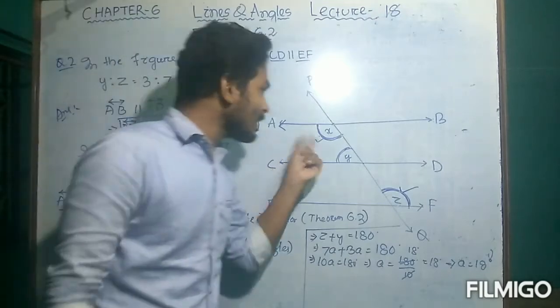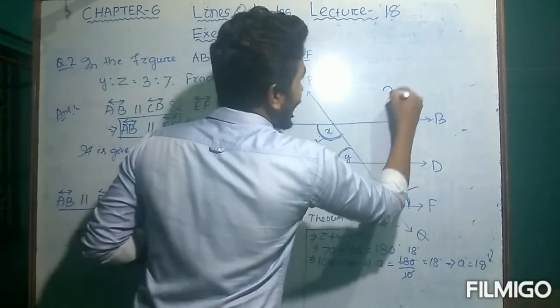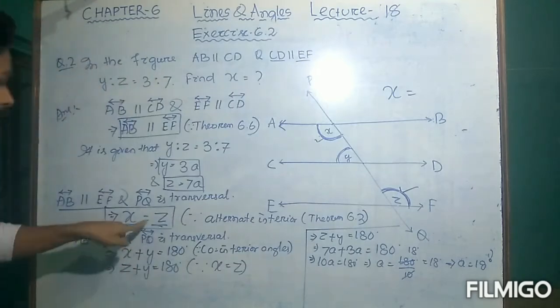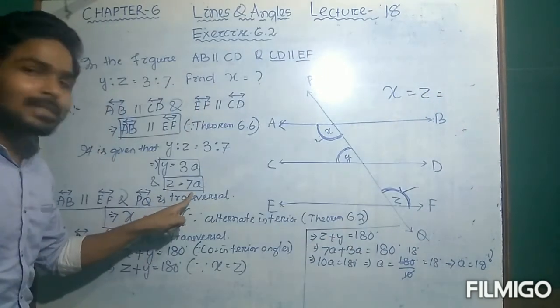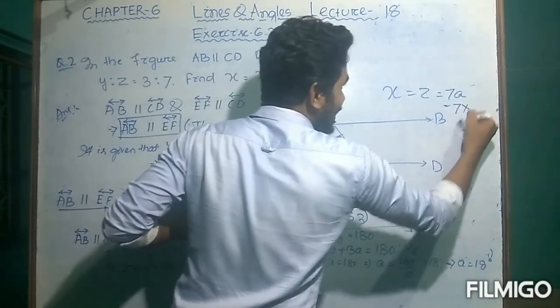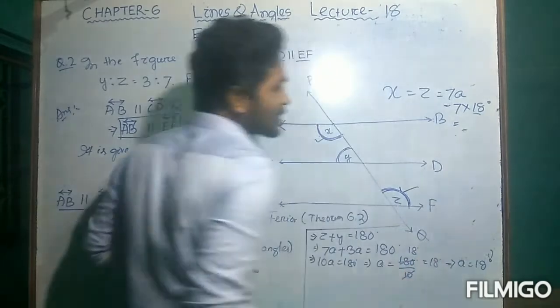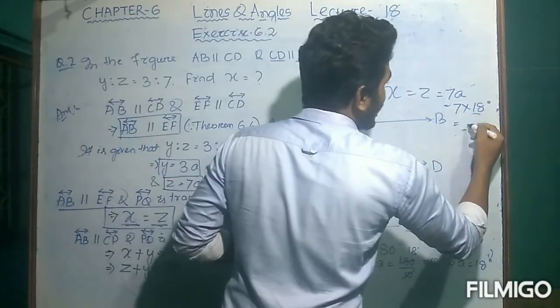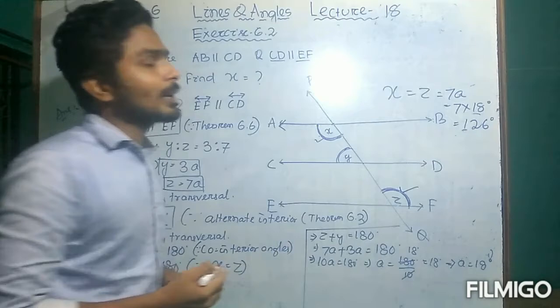But our target is to find the value of x. Right? So what is the value of x? x is equal to z. And what is the value of z? z is equal to 7a. So 7 into a, which is 18 degrees. After multiplication, you get 126 degrees.